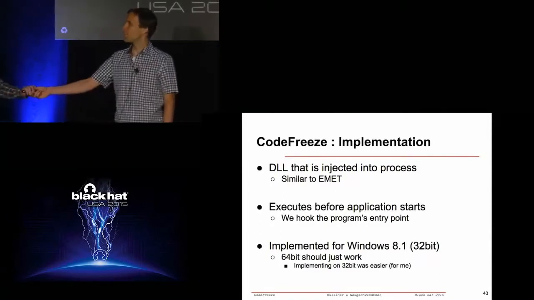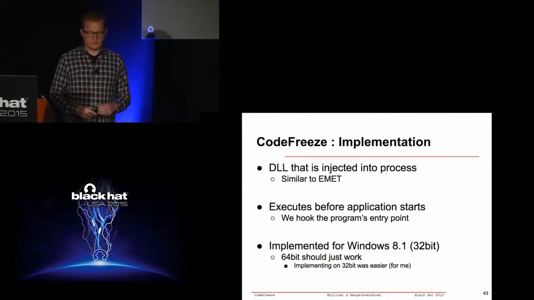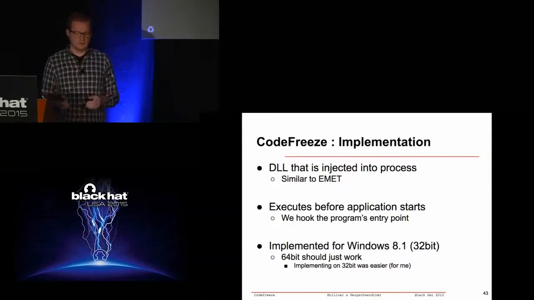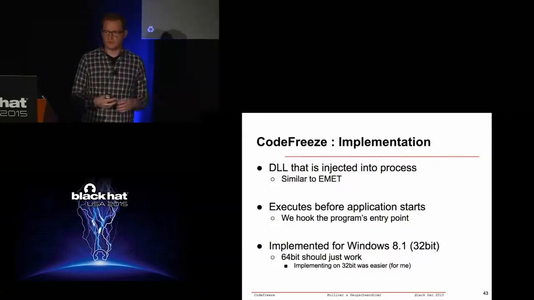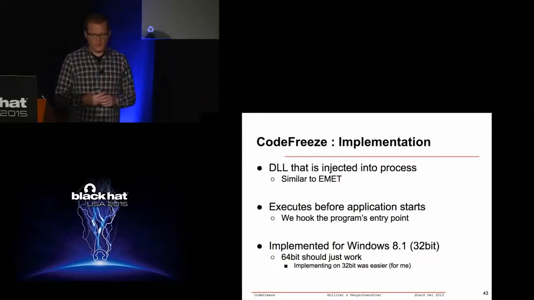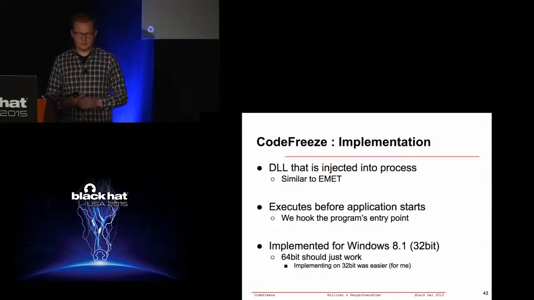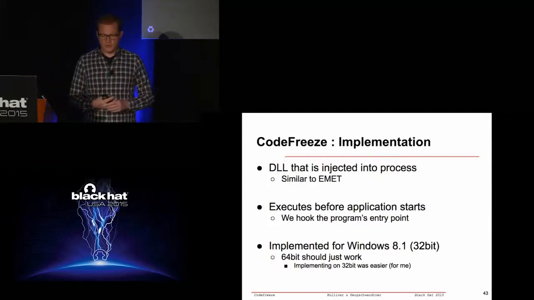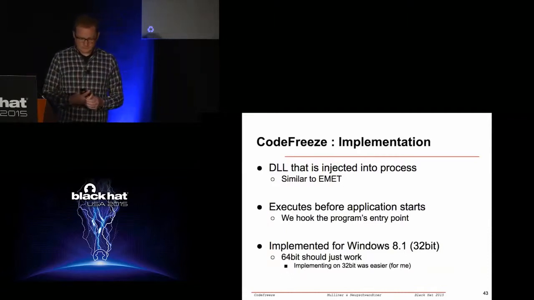Okay. So now we told you a little bit about the idea, some more details. I'm going to present you our actual implementation, and we're also going to show you some demos. So the basic implementation is the enforcement module. This is a DLL that is injected into the process, very similar to EMET.